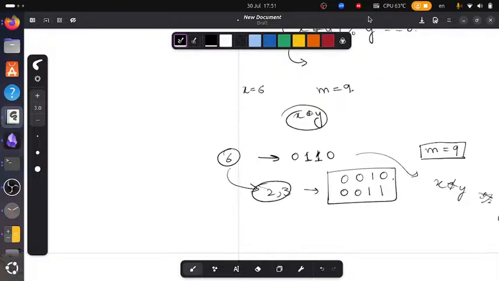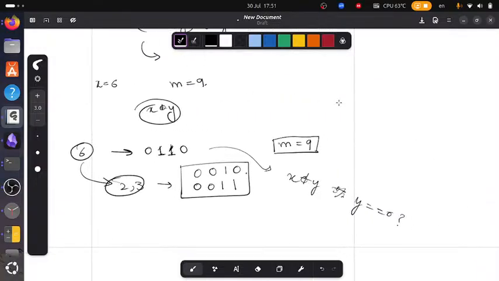How are we going to manipulate these XORs?